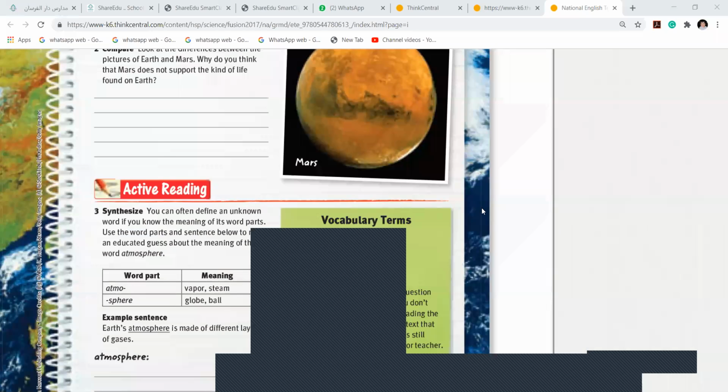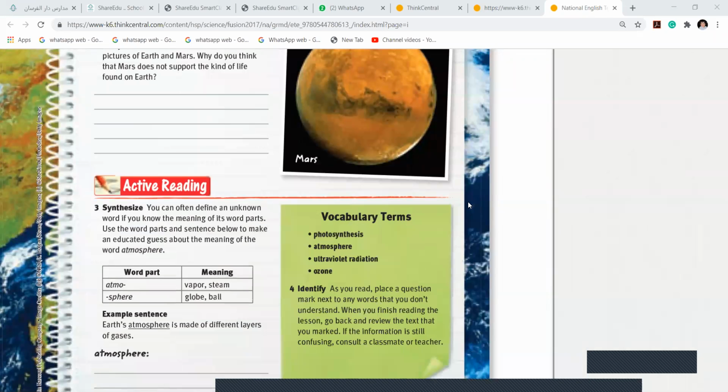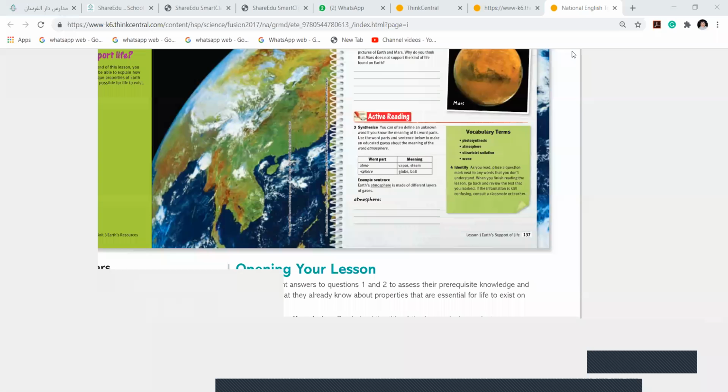So we will learn about photosynthesis. When I say photosynthesis, you will definitely think about plants making their own food. Atmosphere, UV rays, that is ultraviolet radiation, and ozone.